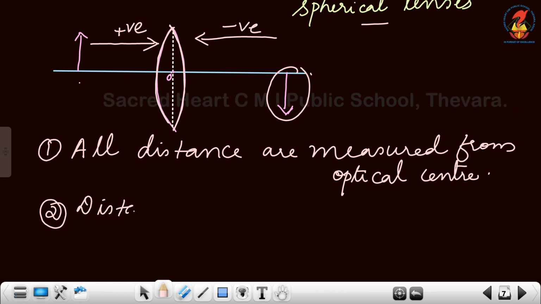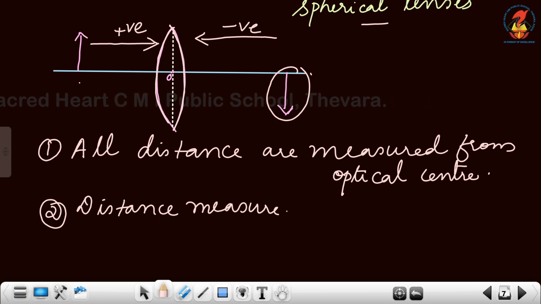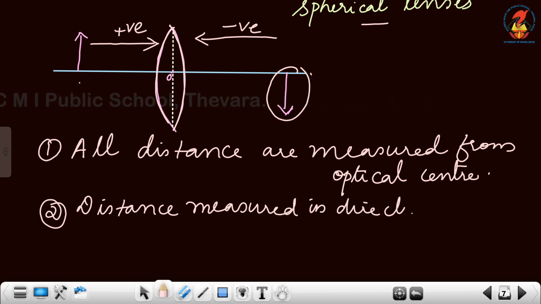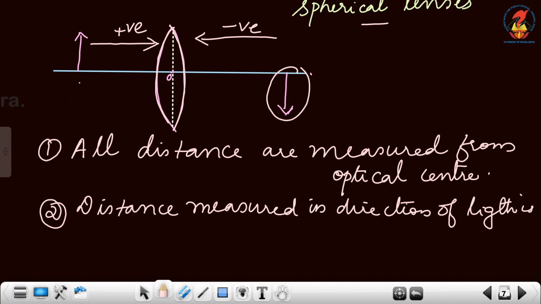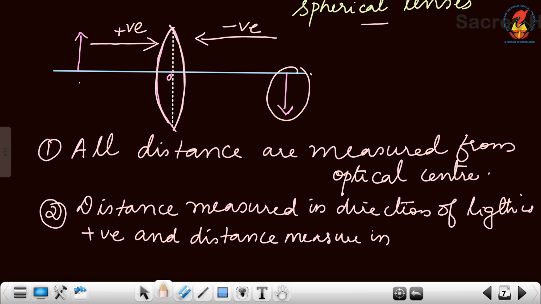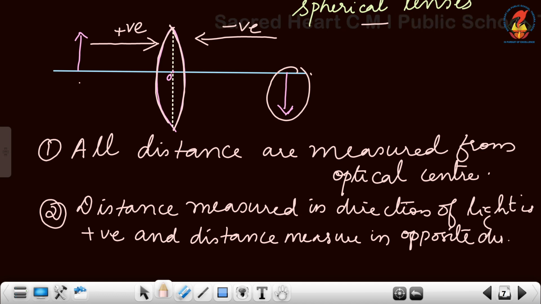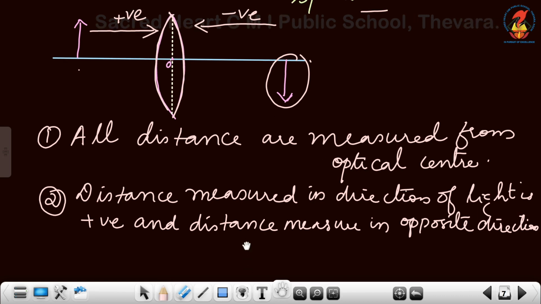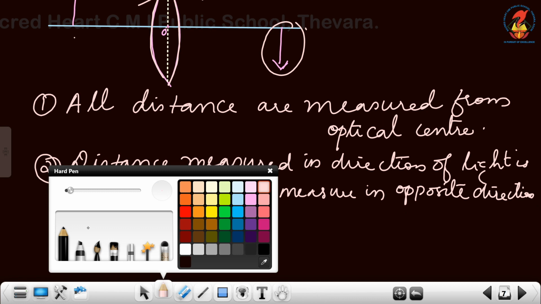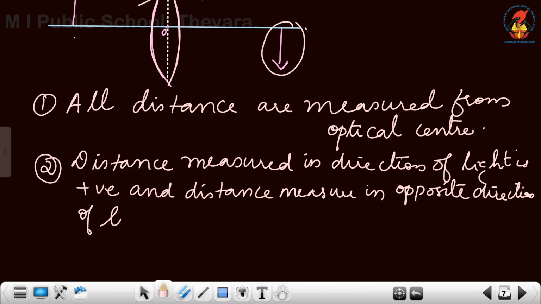So, distance measured in direction of light is positive and distance measured in opposite direction of light is taken as negative.